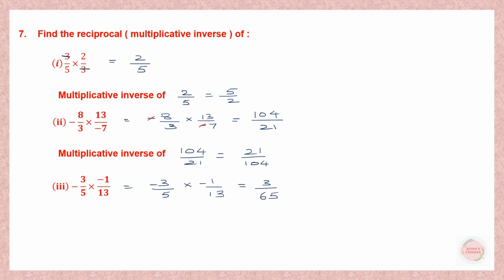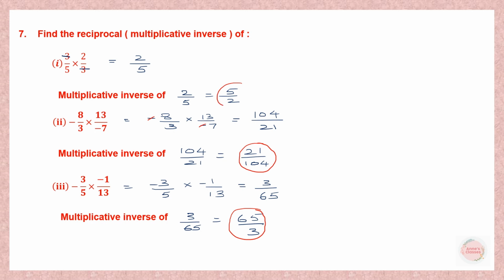So 3 by 65. Now we have to find the multiplicative inverse of 3 by 65, which will be the reciprocal, that is 65 by 3. So this is our answer. So the multiplicative inverse is given here. Similarly, we have the multiplicative inverse here and the multiplicative inverse here.